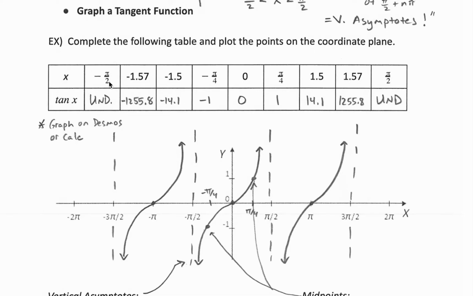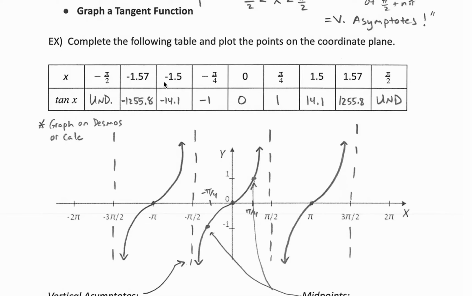So if we just move to the right of that value, if we just do negative 1.57, so just barely to the right on the x-axis, we can actually start to evaluate that value. So the tangent of negative 1.57 gives us this very large negative y value, meaning that we are way far down on the y-axis.